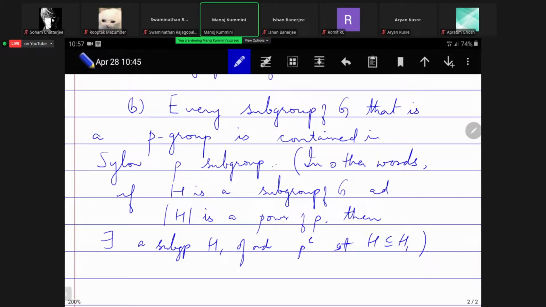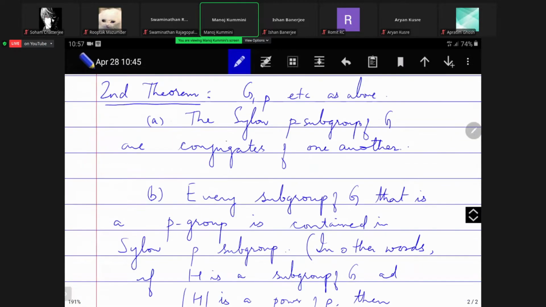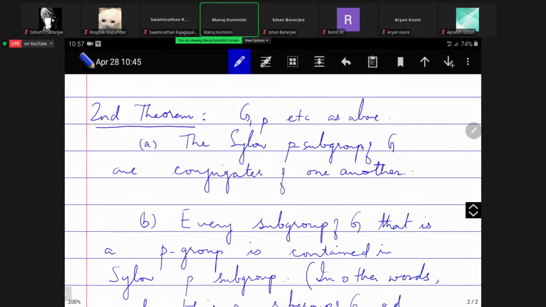So this is the second statement. I'm not going to prove it. I will just say what will be proved, which will imply both these statements. The first says that Sylow p-subgroups are conjugates. Of course, by definition, they are of the same order, and then they are conjugates.